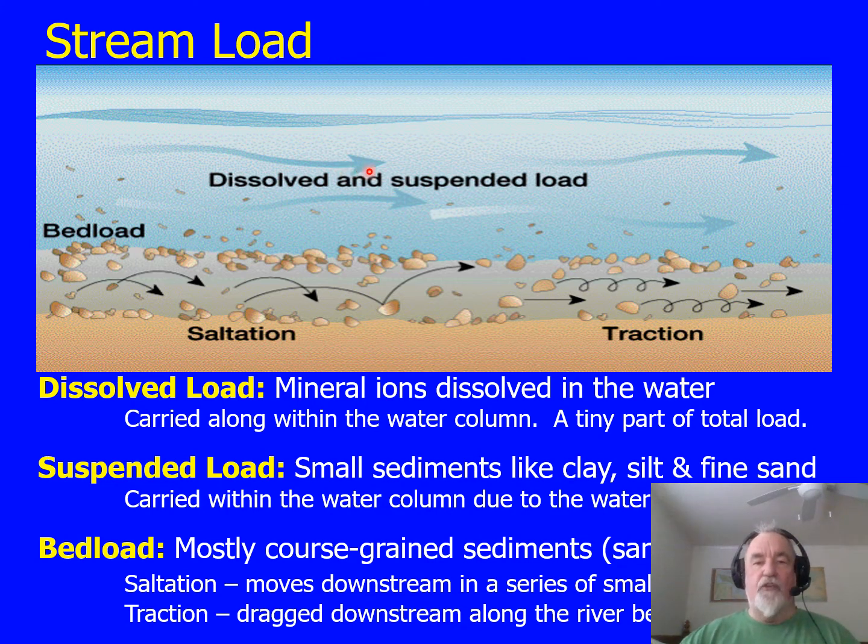We also see that certain very fine mineral fragments are suspended within the water itself. They're being carried along within the water column. So that's a suspended load. Clays, silts, things of that nature.